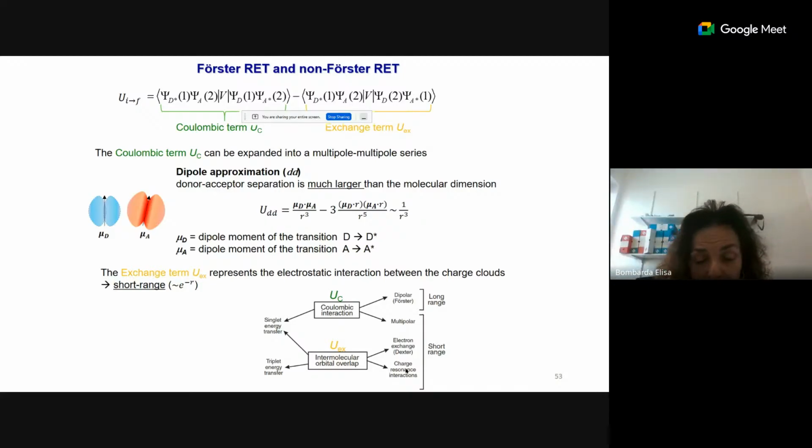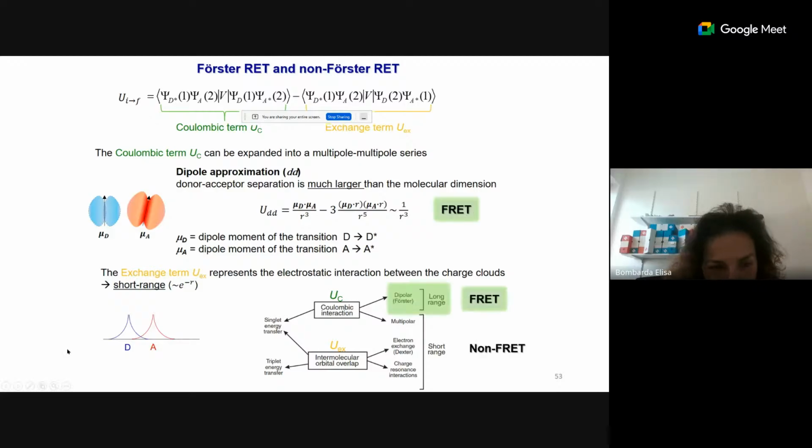We are not necessarily always in the Forster condition. So we have to be careful and not simply use equations just because they seem okay, but sometimes we have to first be sure that we are in the right condition. And we focus on the long-range effect, which is FRET properly said.